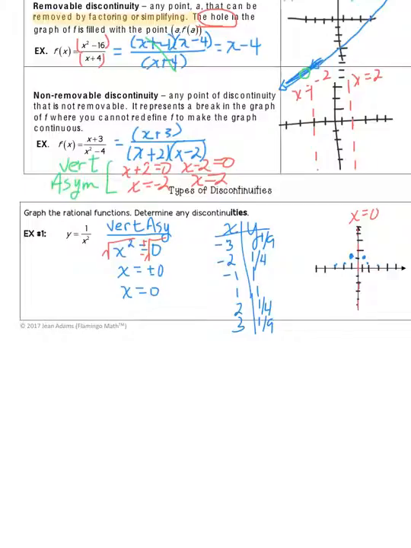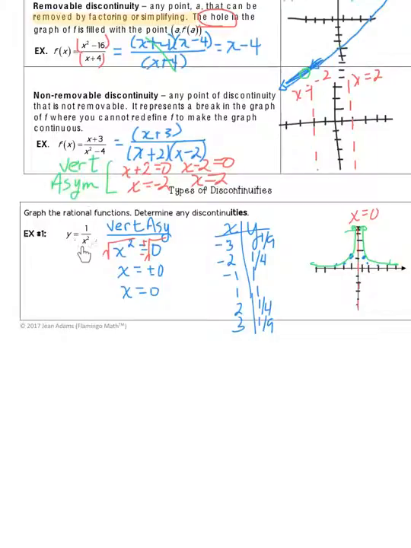So this graph appears to be hugging the x-axis, but not crossing it. And if you think about it, if this graph crossed the x-axis, then all of a sudden the y values would end up negative. There is no way for the y value to be negative no matter what value I put in for x, because I'm going to square it.